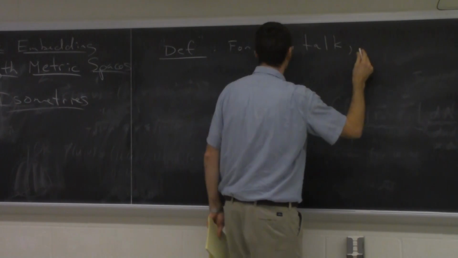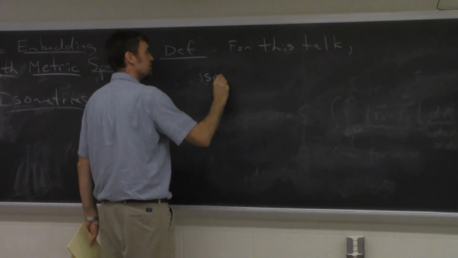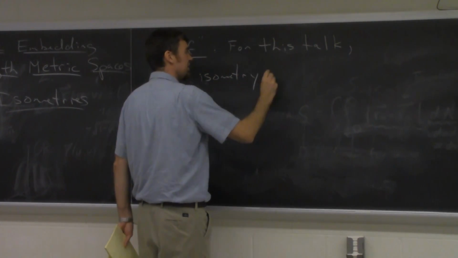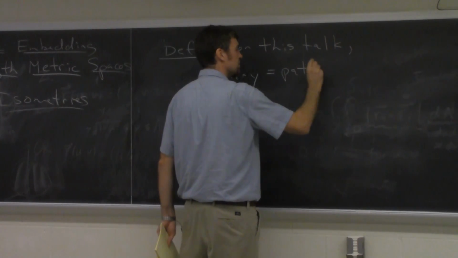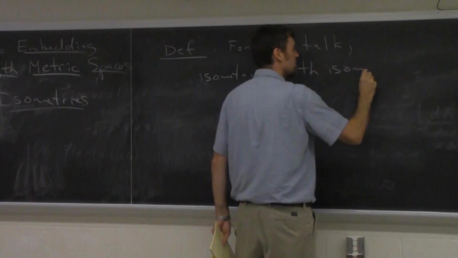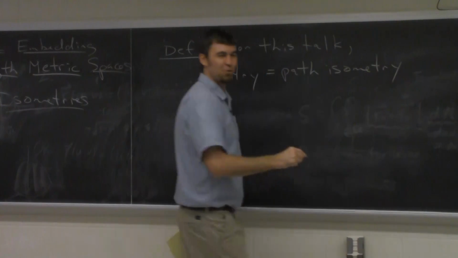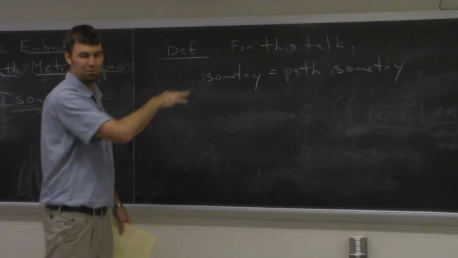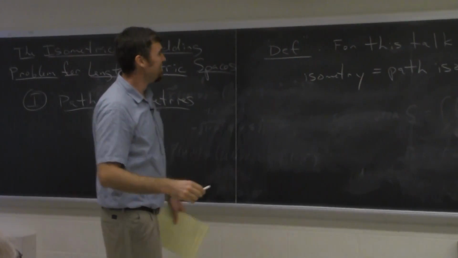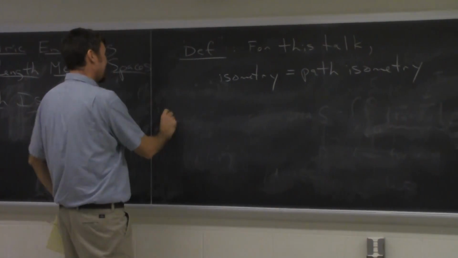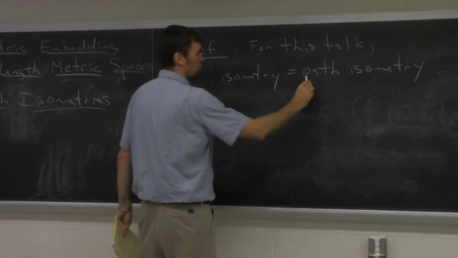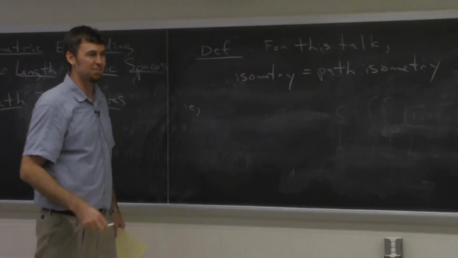For this talk, isometry is going to mean path isometry. And again, after the talk, you can go back and put a not equal there. It's a local definition. I'll keep forgetting to say the word path, which is why I want to stress this at first.